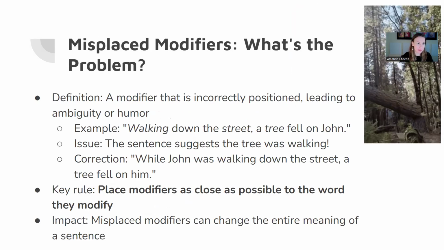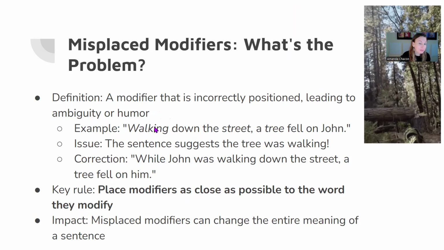So misplaced modifiers, what is the problem? A modifier is correct, but incorrectly positioned, leading to ambiguity or humor in some cases. So my example here is: walking down the street, a tree fell on John. Because this is the modifier right here, walking down the street, it's going to modify the thing right next to it, which is the tree.